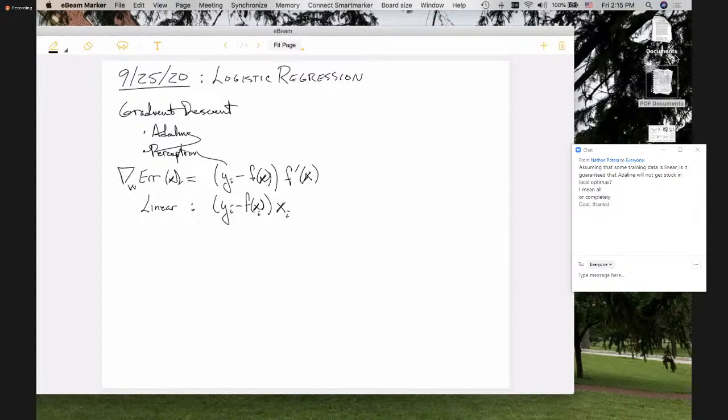But the perceptron is using a step function. And so if we're going to try to take the derivative of that step function, well, we have a problem because we can't take the derivative of a step function because there's that singularity that occurs at the step, that discontinuity. We could try to look at it in a piecewise continuous fashion, but that really isn't going to help us.